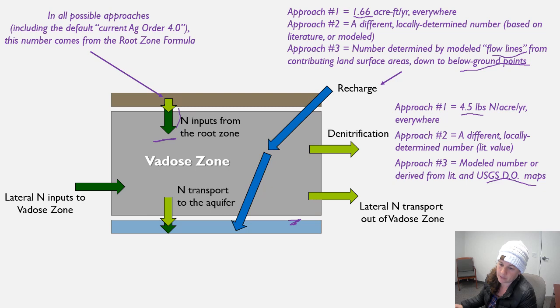They talk about the reducing potential of the environment in different soil types, and so it's based on a subsurface soil map, so you get that more localized consideration that way.